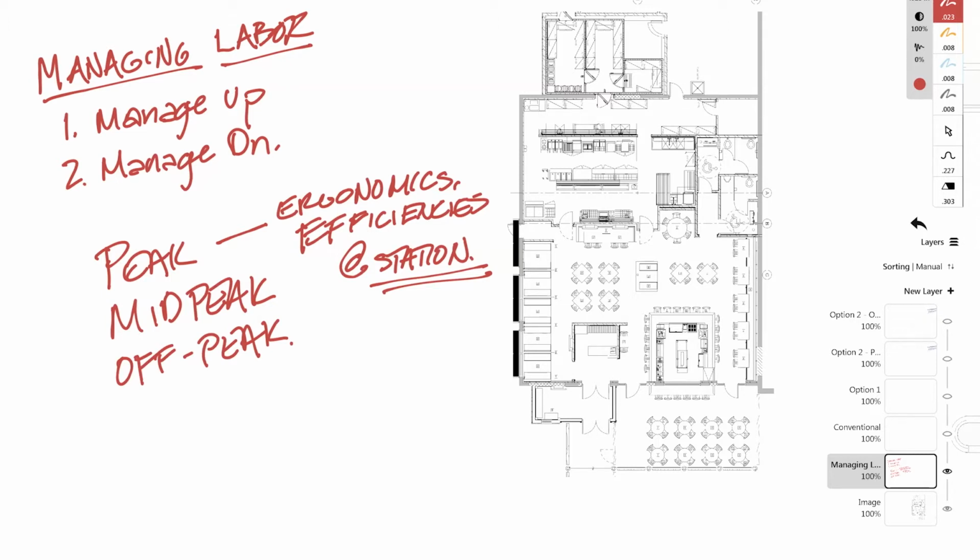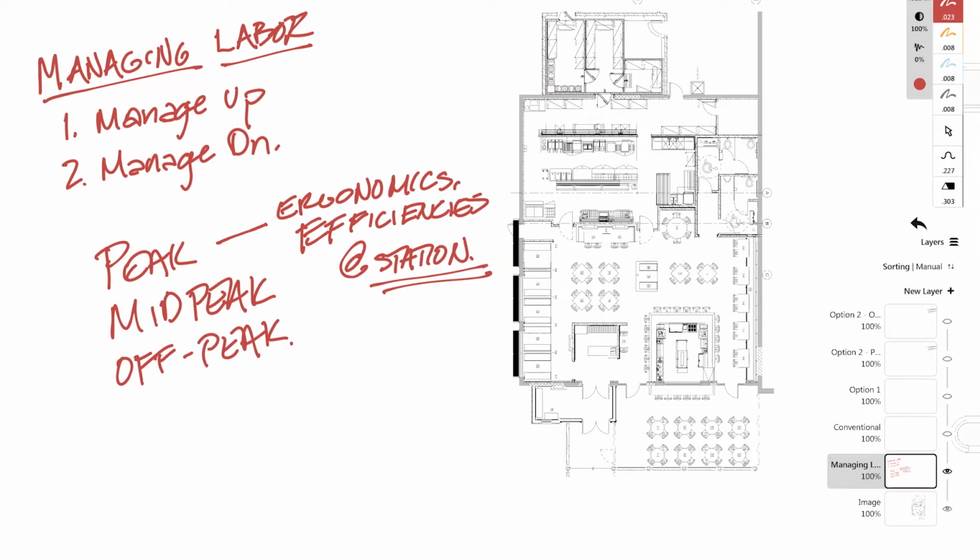The trick is managing that labor during off-peak times. As sales diminish, you don't want to lose money by having too much labor on staff. So that's really what we're going to talk about today, this idea of managing labor during off-peak.